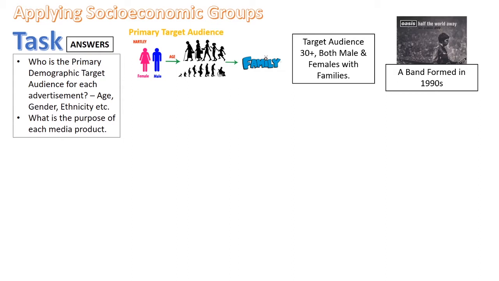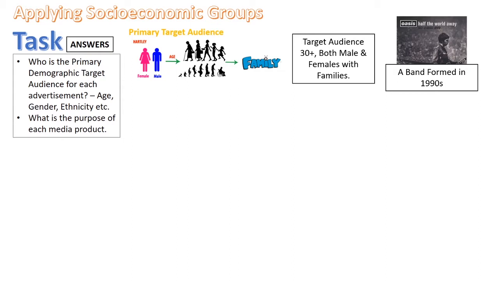This band was formed in the 90s, and if they are a family, which they clearly look to be in the advert, they would be 30 plus now, 40s, to have children of the age of the kid in there. So this song will be familiar to them and may bring a new meaning from a meaning they've already created themselves.